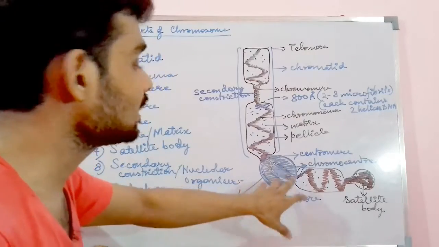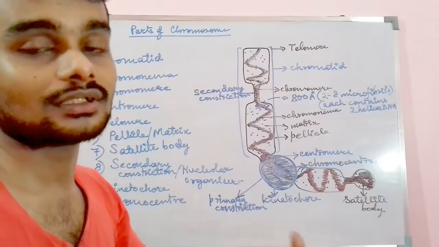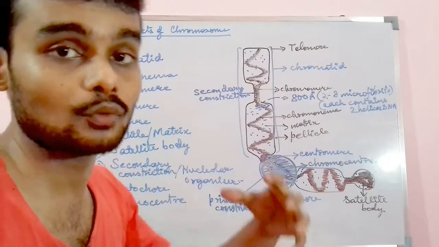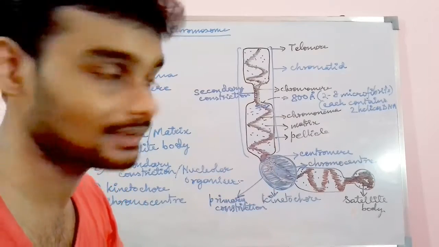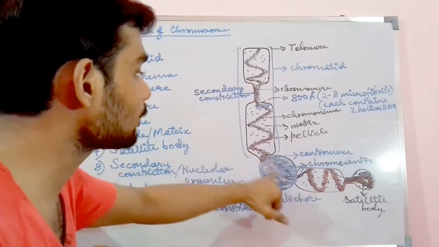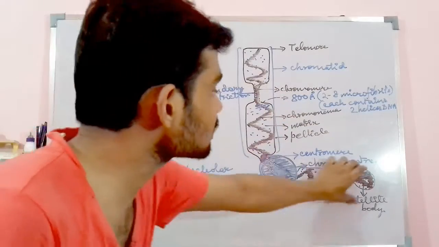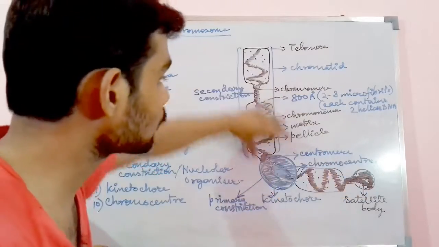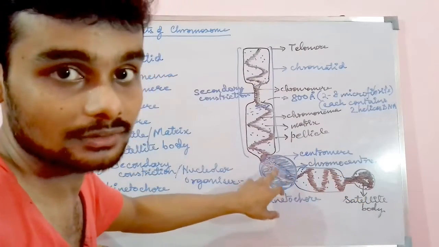Centromere is the darkly stained, more stainable region, more coiled and condensed, with the most dense packing of the entire chromonema, which helps in attaching both arms of the chromatids, both arms of the chromosome.